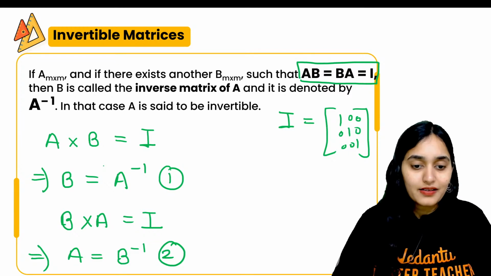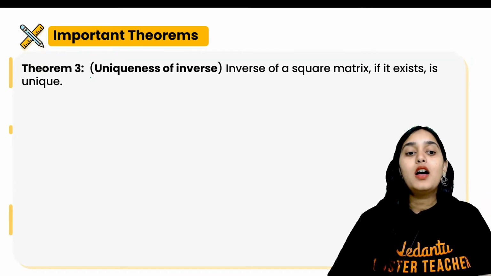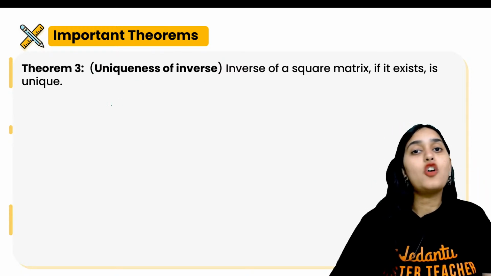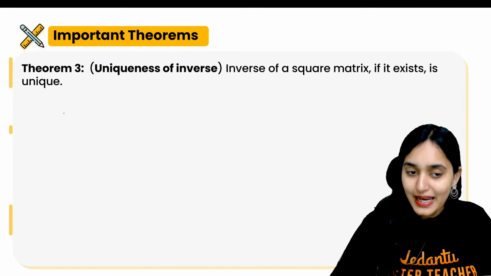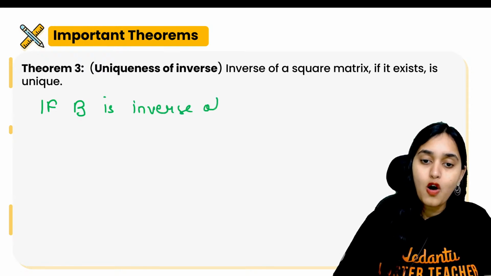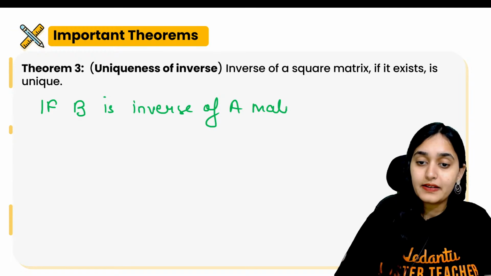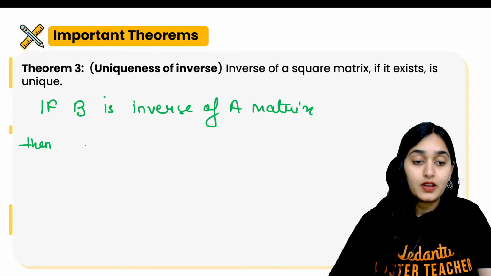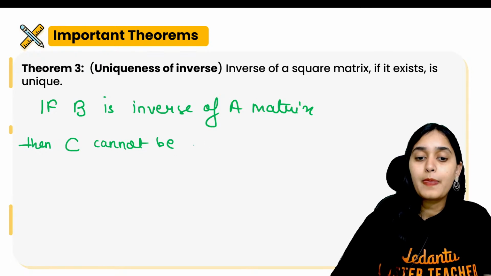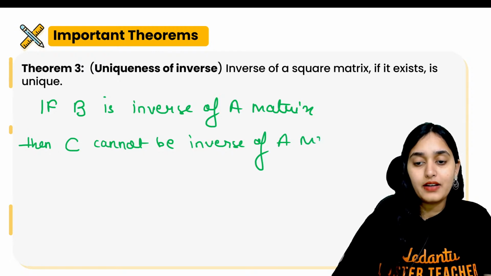Understood what is inverse? Clear? Now, there are two important theorems related to it. Number one, uniqueness of inverse. This says that if B is the inverse of A matrix, then C cannot be the inverse of A matrix.